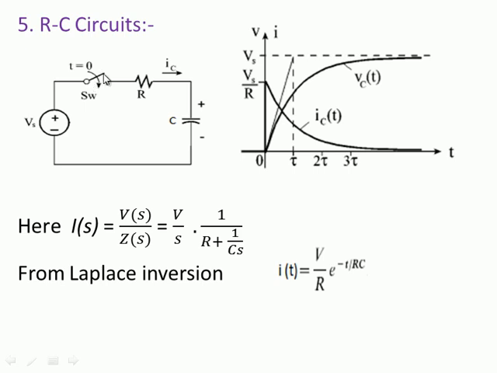Just when you close this, the capacitor will act as a short circuit to the DC source, and this current, which is a rising current, will be limited by the resistance in the circuit. The greater the value of resistance, the lesser will be the rising current. The lesser the value of resistance, the more rising current there will be. So, is this clear?